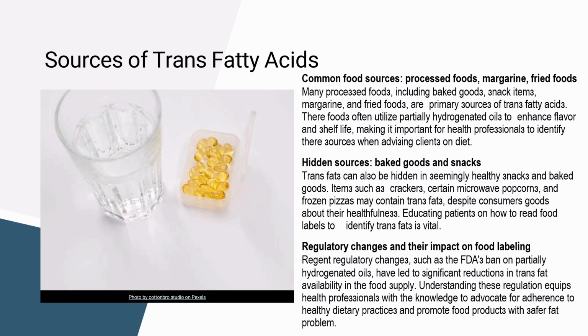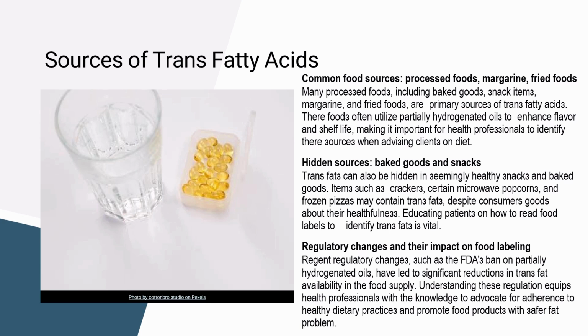Trans fats can be classified into natural and artificial types. Natural trans fats occur in small amounts in dairy and meat products from ruminant animals, while artificial trans fats are primarily the source of trans fatty acids.